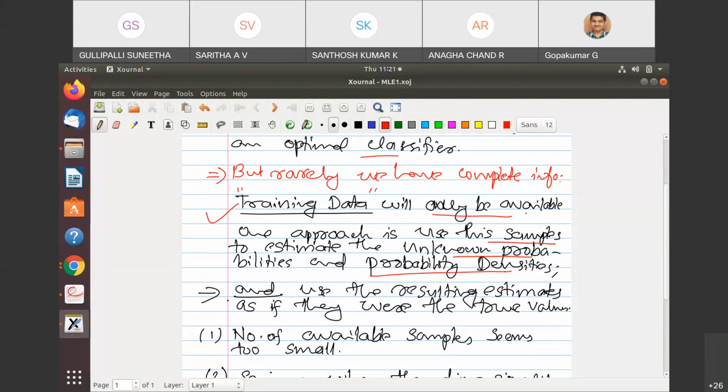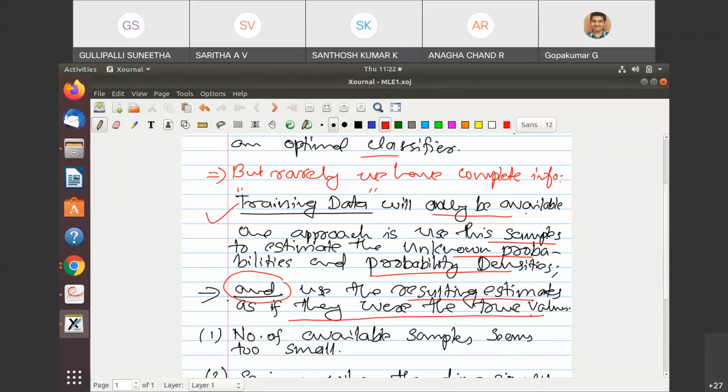Once we estimate these probabilities and densities using the training data, we assume that the resulting estimates are the true values. This data may be generated by a particular probability density, or the prior probability may not be the exact one.